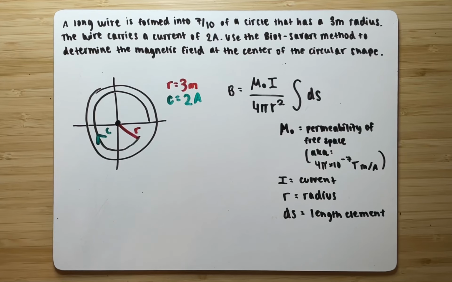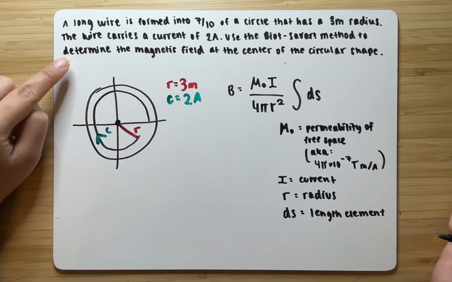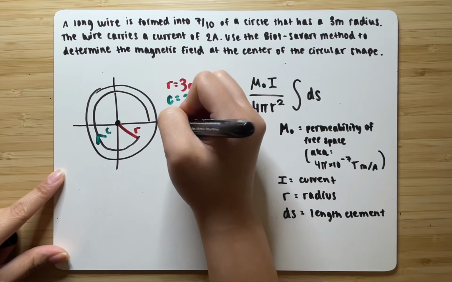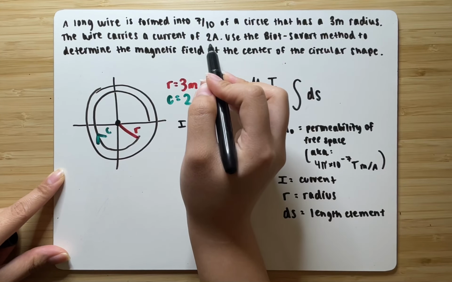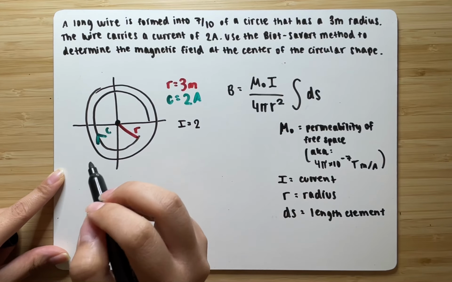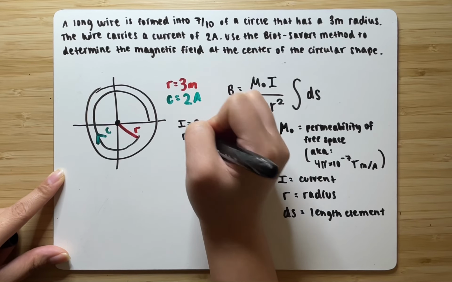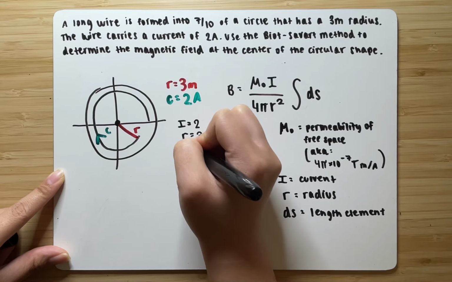Now, looking at the problem, let's see what information it gives us. Okay, so we know that I is 2, because current of 2A. We know that R is 3, and ds we don't know.